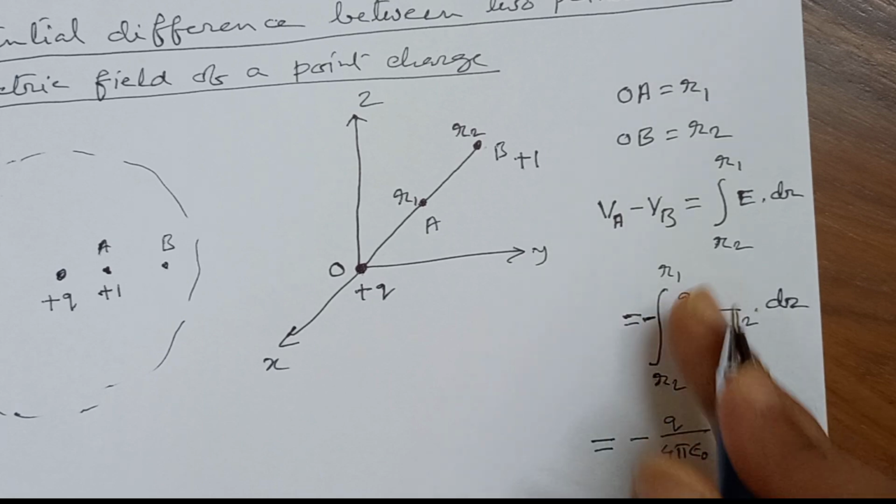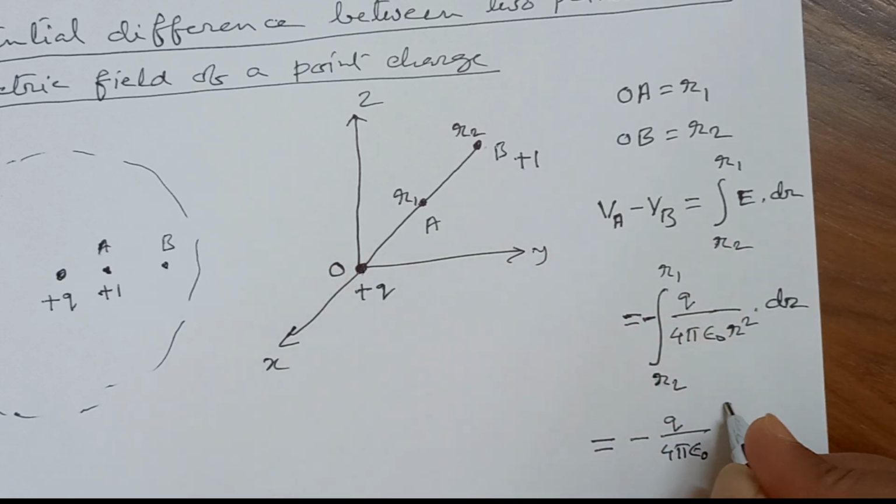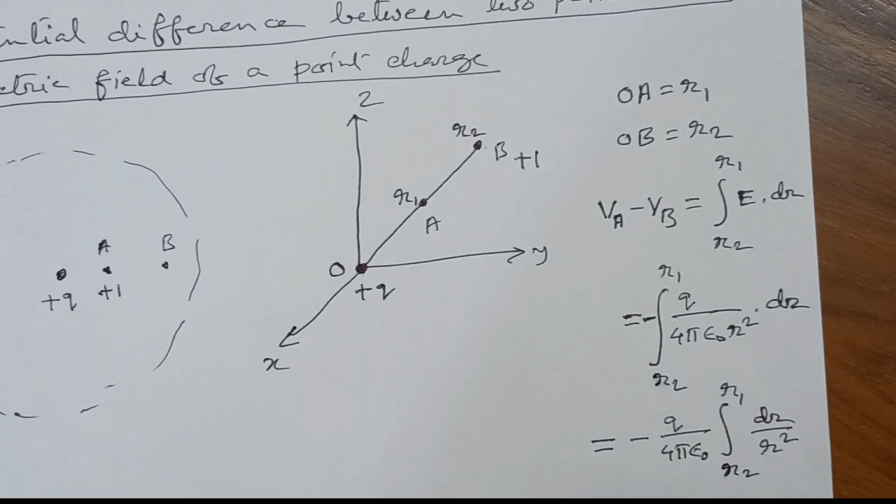We can bring the constant term outside the integration, and R2 to R1 dr by R square is equal to minus Q by 4 pi epsilon 0 minus 1 by R, R2 to R1, is equal to Q by 4 pi epsilon 0.